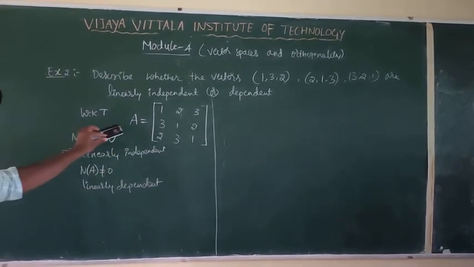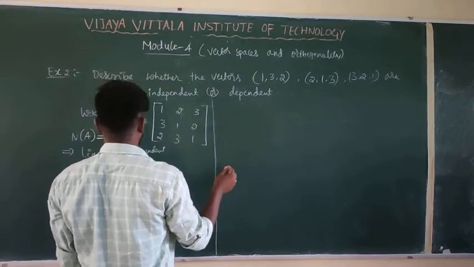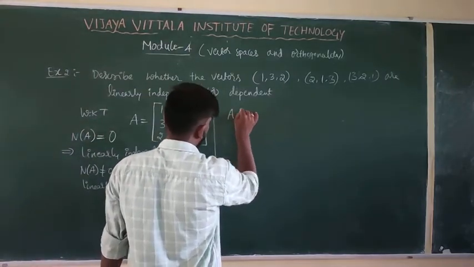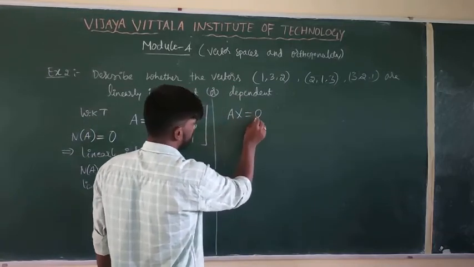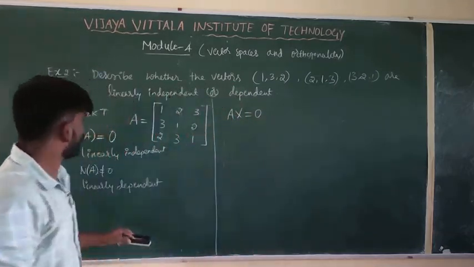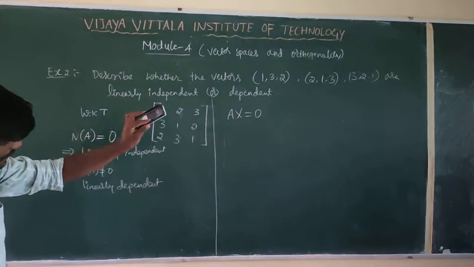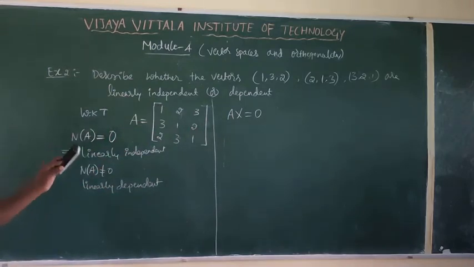Okay, A is this. What is n of A? The null space is the solution of this equation. Therefore, we reduce this matrix to U for the purpose of simplification.